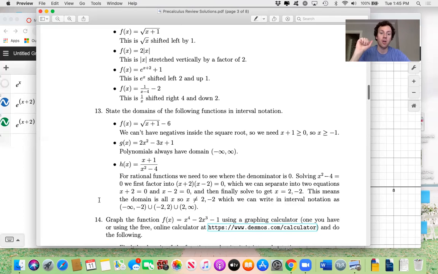And those are, you can't divide by 0, you can't take the square root of a negative, and you can't put a negative inside a logarithm. So for instance, this first example, if you pick an x like -2, you're going to end up trying to take the square root of -1, and that's not defined.